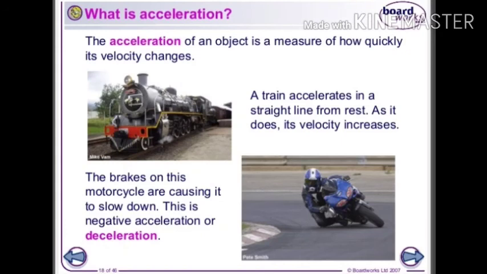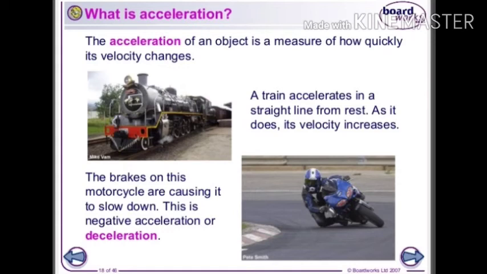What is acceleration? The acceleration of an object is a measure of how quickly its velocity changes, or we can say that acceleration of a body is defined as the rate of change of its velocity with time.